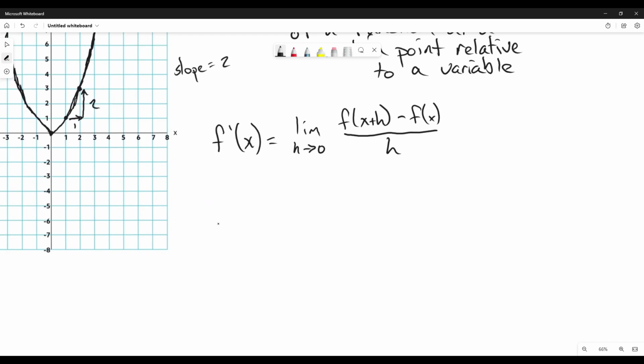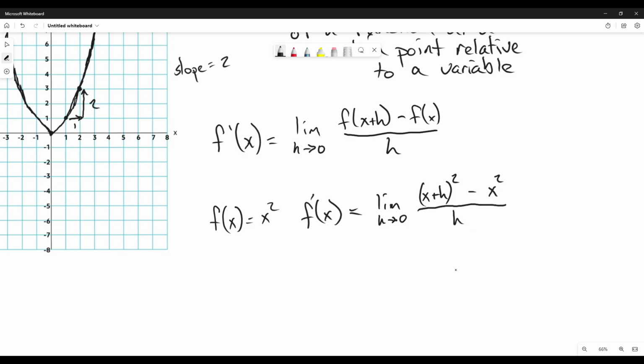If we're finding f of x, which is in our case x squared, and we're trying to find the derivative of that, f of x equals x squared, f prime of x equals the limit as h approaches 0 of x plus h squared minus x squared over h.